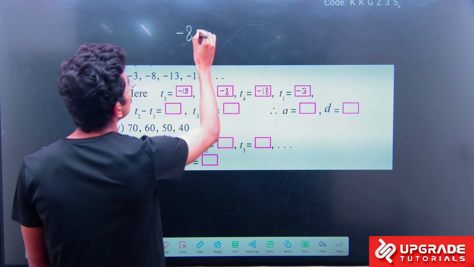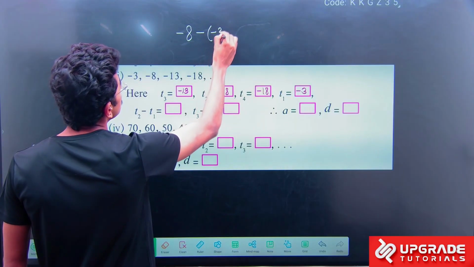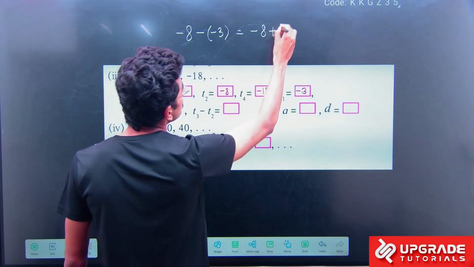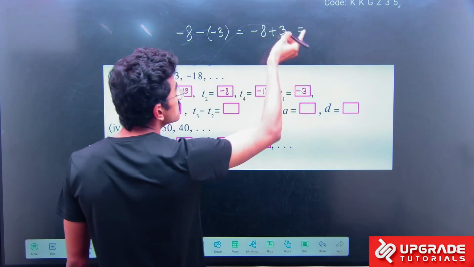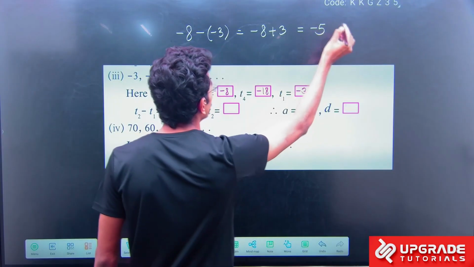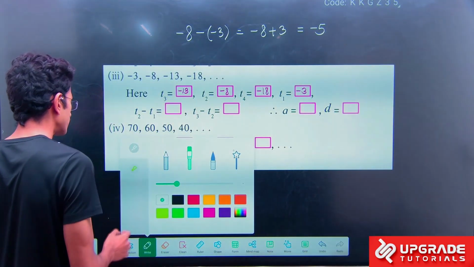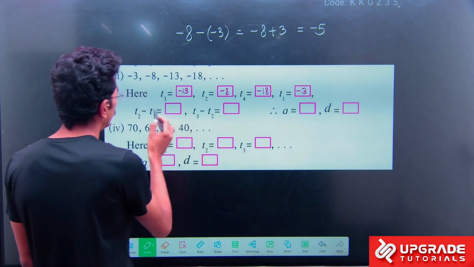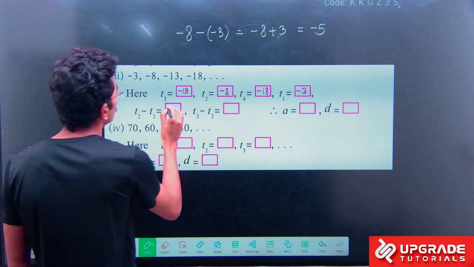T1 is minus 3. Minus of minus 3: minus minus becomes plus 3. So plus 3 and minus 8, plus minus becomes minus, and the sign of the greater number is minus, so it is minus 5. So the value of T2 minus T1 is nothing but minus 5.